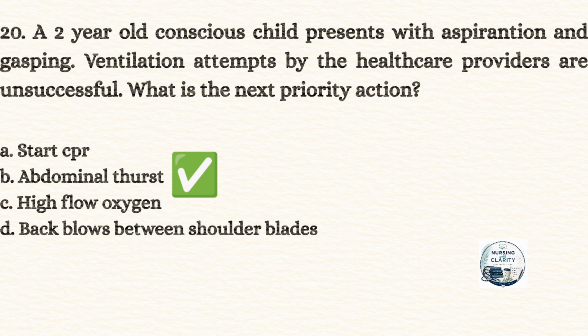However, if the child is gasping and ventilation is failing and foreign body aspiration is suspected, back blows are the immediate action, especially if the child is still responsive. CPR is only initiated if the child becomes unresponsive and no pulse or breathing is detected.